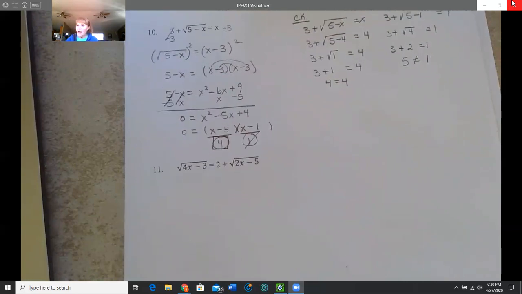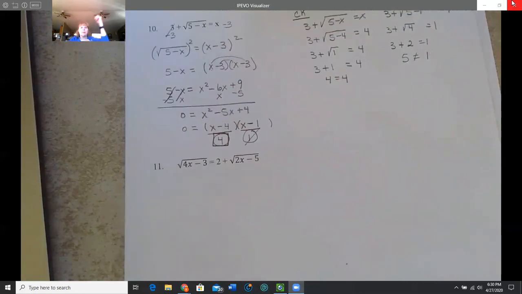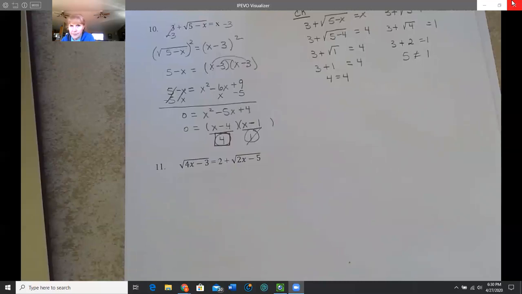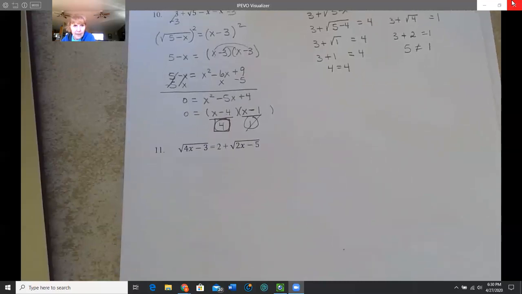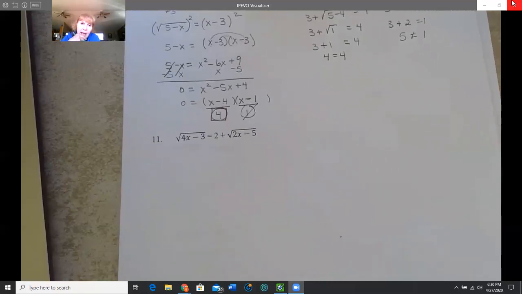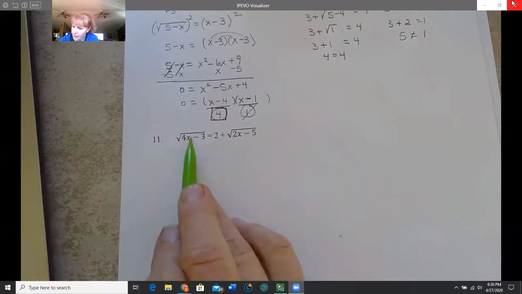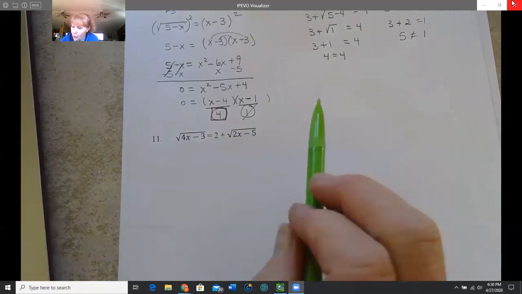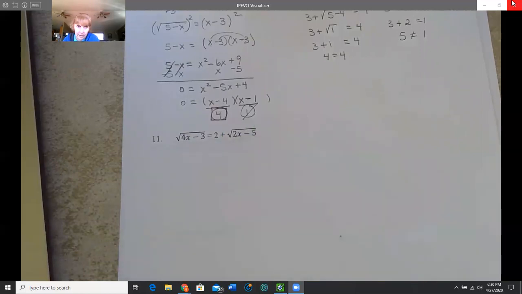Okay, let's try this next one here. Now, I have two radicals. When you have two radicals, make sure they're on opposite sides. I've got one on the left and one on the right on this number 11. If they had both been on the same side, like number 12, you're going to have to move one of them over.